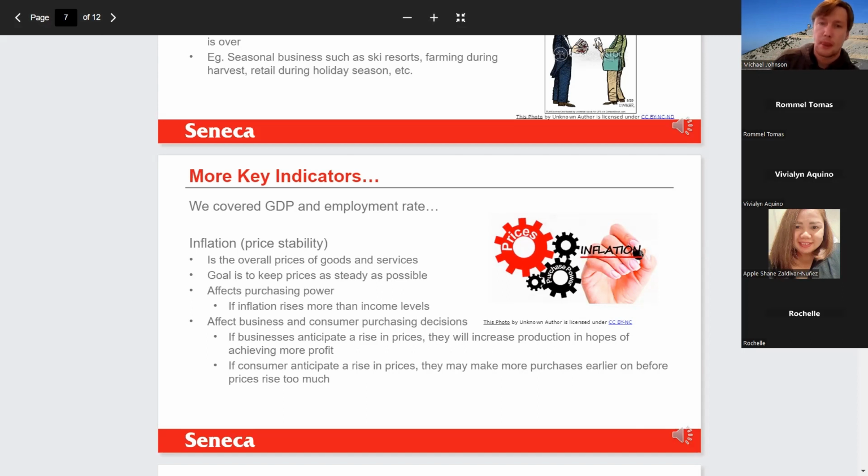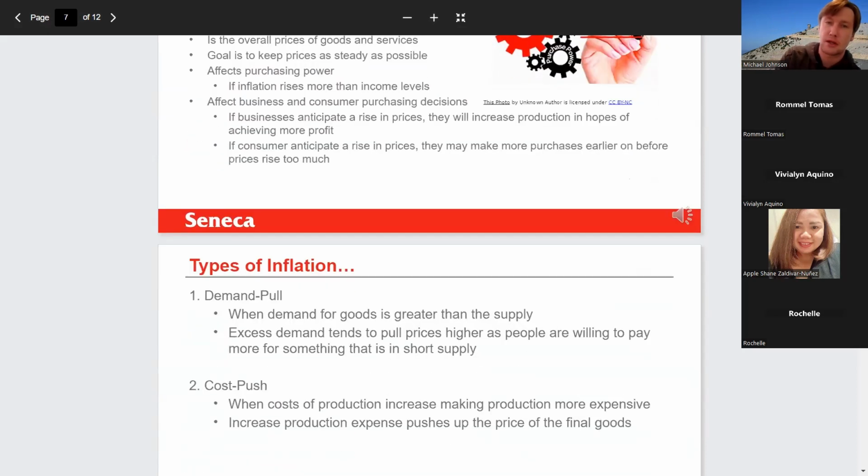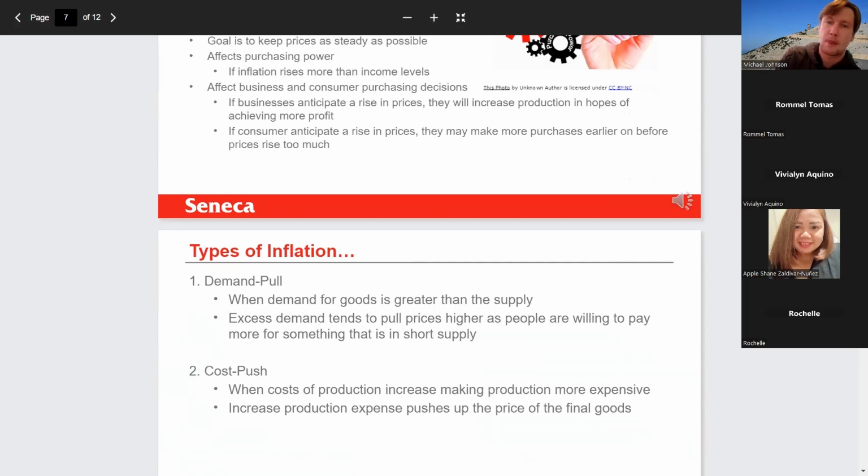Your dollar is worth less if prices go up. And if businesses anticipate a rise in prices, they will increase production in hopes of achieving more profit. If consumers anticipate a rise in prices, they may make more purchases earlier on before prices rise too much.